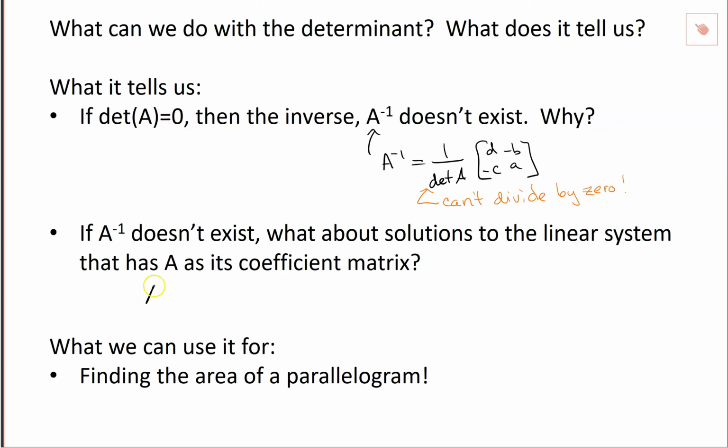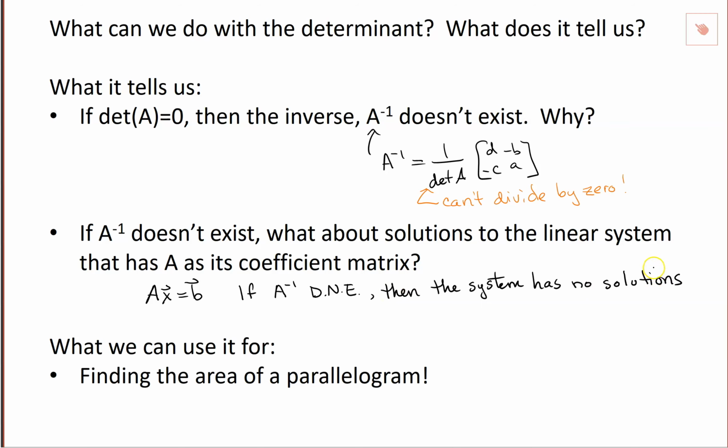So let's just remember that we're talking about a linear system that looks like AX equals B. If A inverse doesn't exist, then what do we know about the solution set? Well, there might be no solutions, or it might have infinitely many solutions. That's because if A inverse did exist, then we could just multiply A inverse times B and get our unique solution like we did 2 modules back.